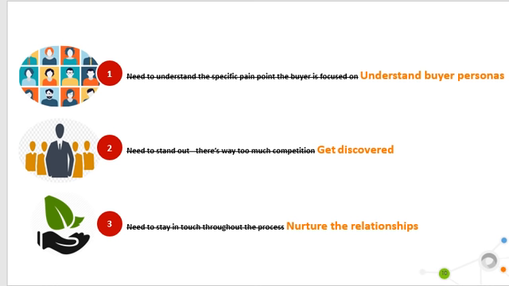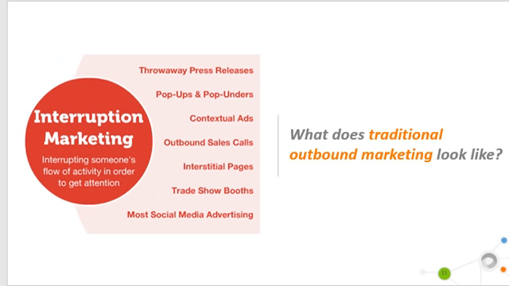Now, with this context, if we simply compare interruption marketing, which is the traditional way of doing things, this is what it looks like. Interruption marketing, essentially, or outbound marketing, is just about pushing information out there.